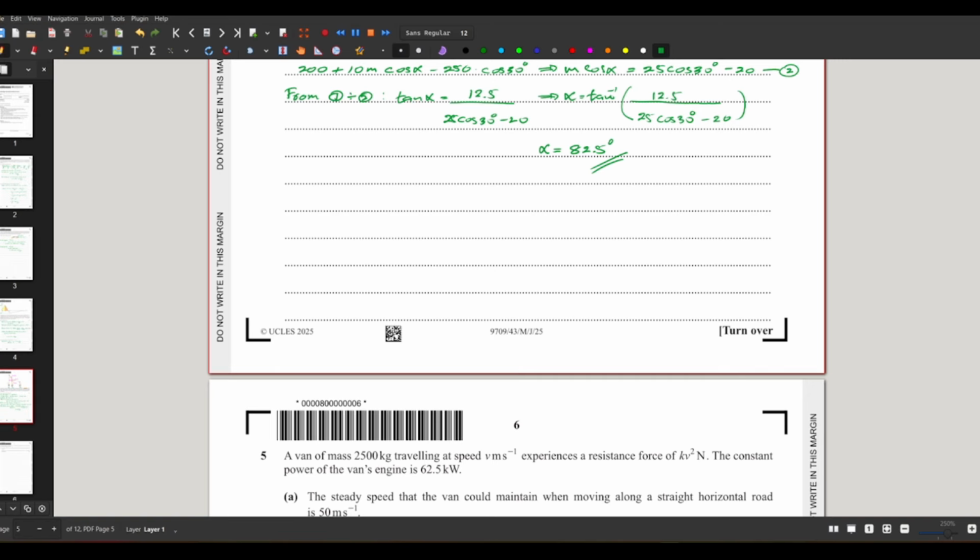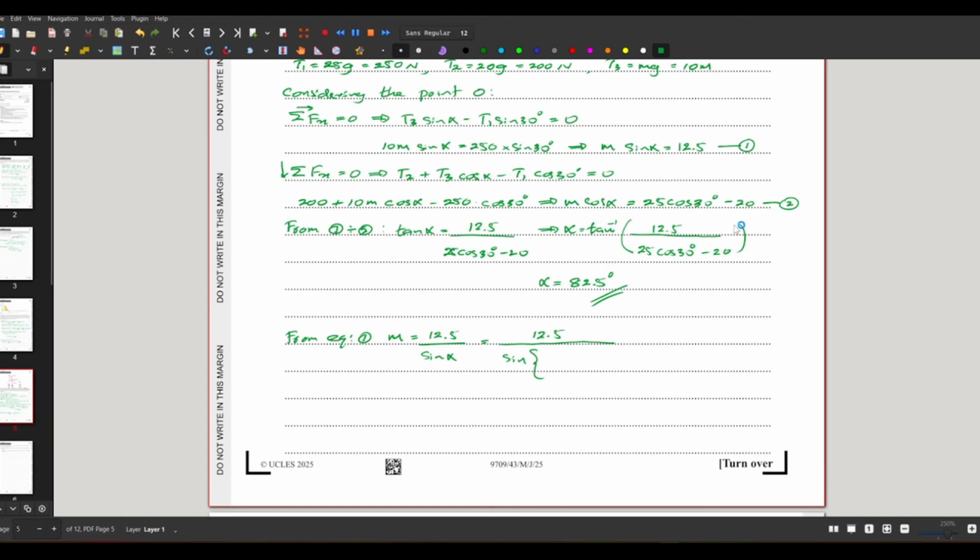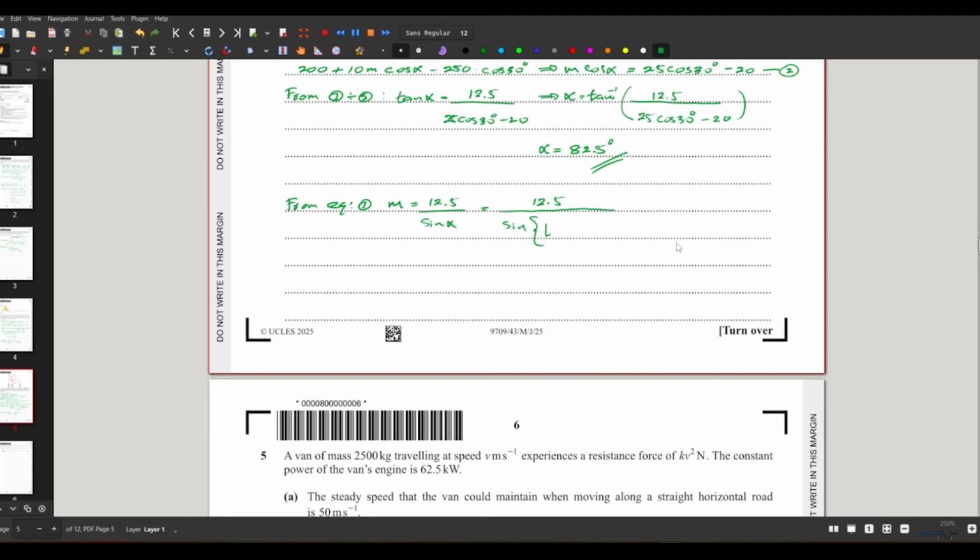From equation 1, m equals 12.5 divided by sin alpha, which equals 12.5 divided by sine, and instead of alpha, I'm going to include this tan inverse: tan inverse 12.5 divided by 25 cos 30 minus 20.